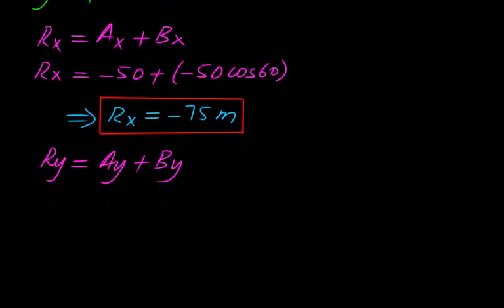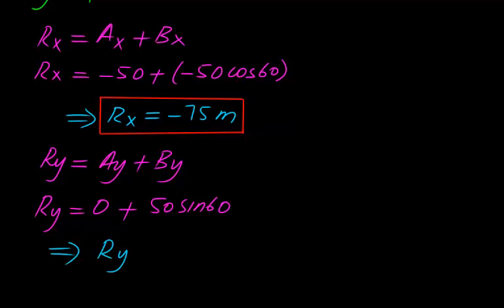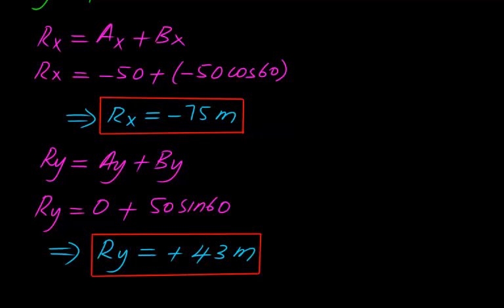Notice that the y component for the A vector is 0, therefore we have 0 right here, plus the y component, which is positive 50 sine 60 degrees. Solving for the y component of the vector R, we obtain positive 43 meters.